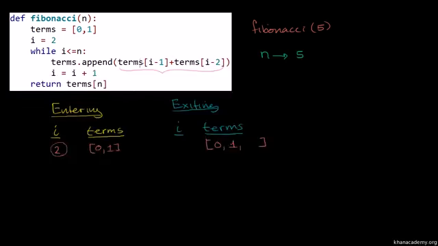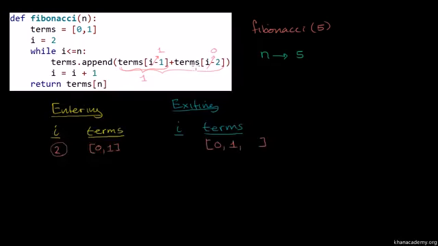It seems complicated. When you break it down, it doesn't look too bad. In this situation, what is i minus 1? Well, i is 2. So in this situation, i minus 1 is going to be 1. And i minus 2 is going to be 0 as we go through this iteration. So the first term in terms, this is the 0th term, this is the first term, is literally a 1. So this whole thing is 1.